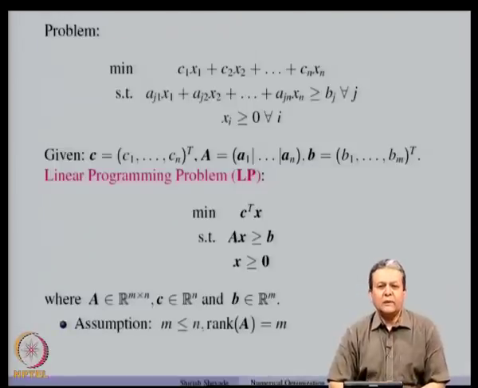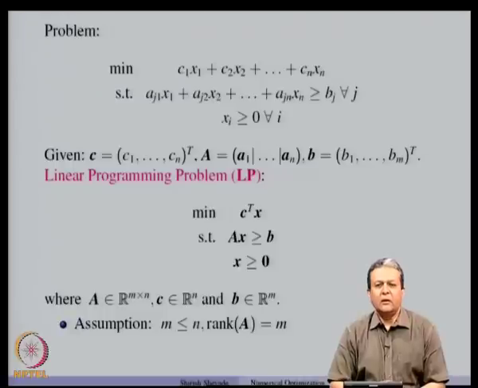Now, let us make some assumptions which are very reasonable: that m is less than or equal to n. When we talk about these constraints, the number of constraints is less than or equal to the number of variables. This is a reasonable assumption, and we also assume that the rank of the matrix A is m, which is less than or equal to n.